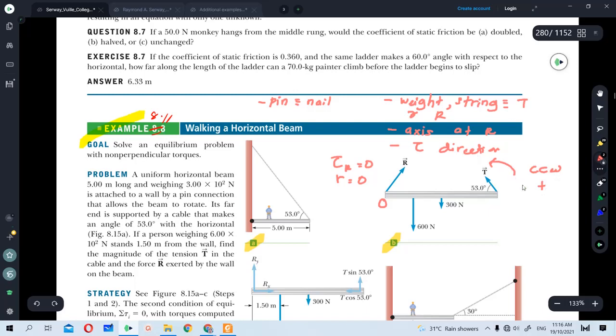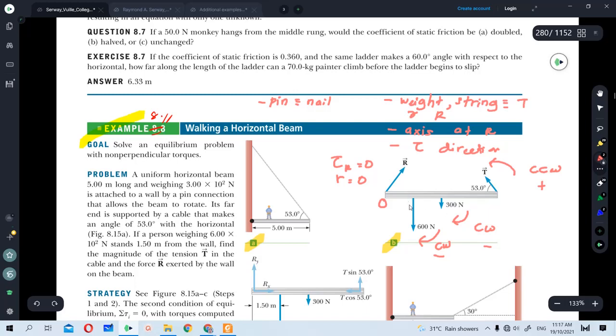So it is a positive torque, while both weights will make the beam rotate clockwise. So both would give you negative. Altogether, we have 3 torques interacting with one another, adding up to 0.